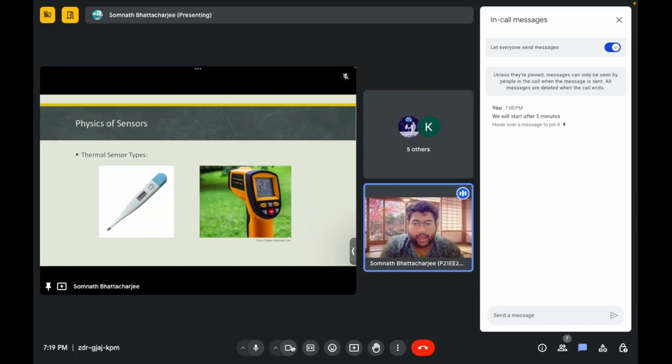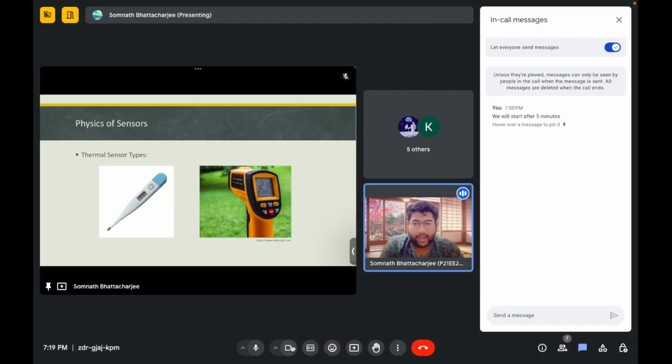If you put it near any skin-like structure, it will measure your body temperature and show you the reading, and you know the basic temperature of your body. If it exceeds that, you know that you have a fever. Nowadays, after COVID specifically, this kind of thermal sensor is very famous.